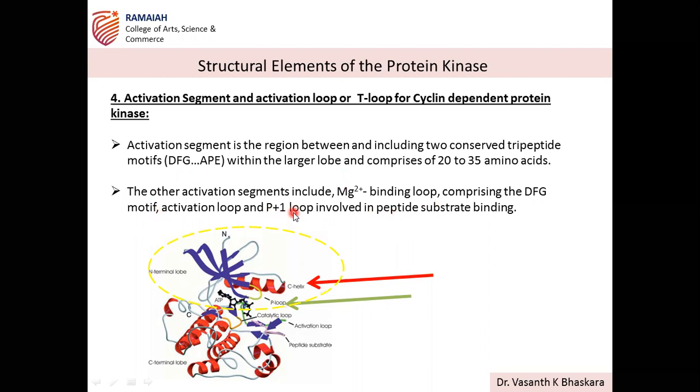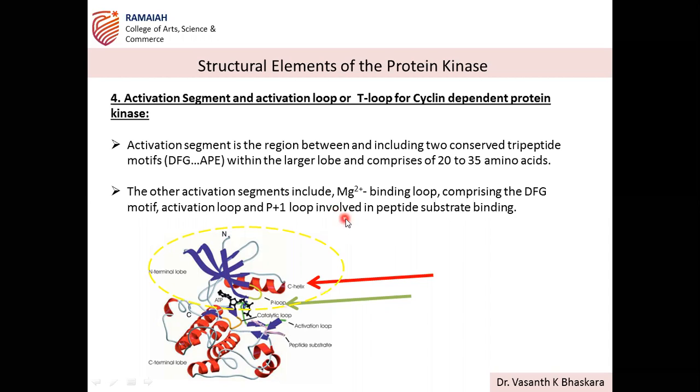So the Mg2+ binding loop is within the activation loop, and this comprises the DFG motif. In the activation loop there is also the P plus 1 loop, and that is involved in peptide substrate binding. These are the functions you need to learn by heart, and you have to write them in your answers.